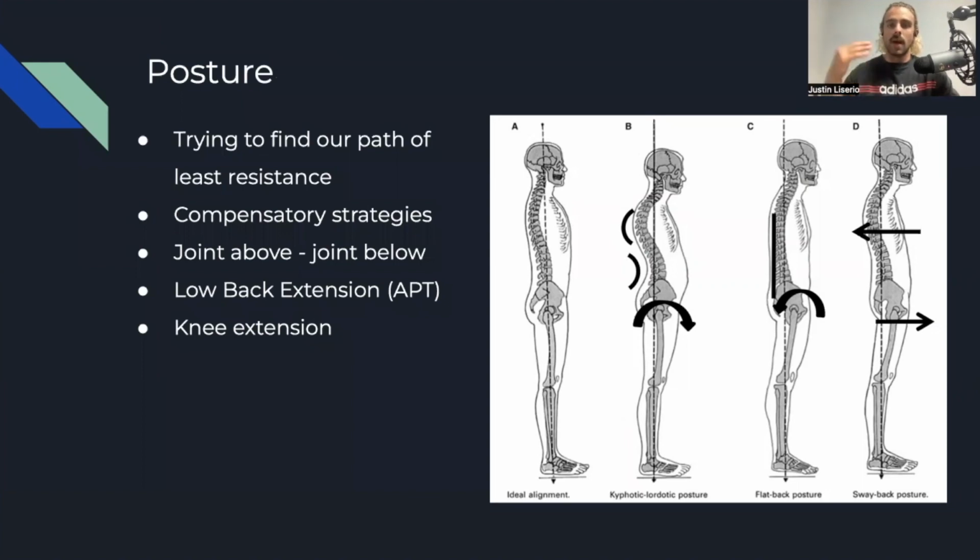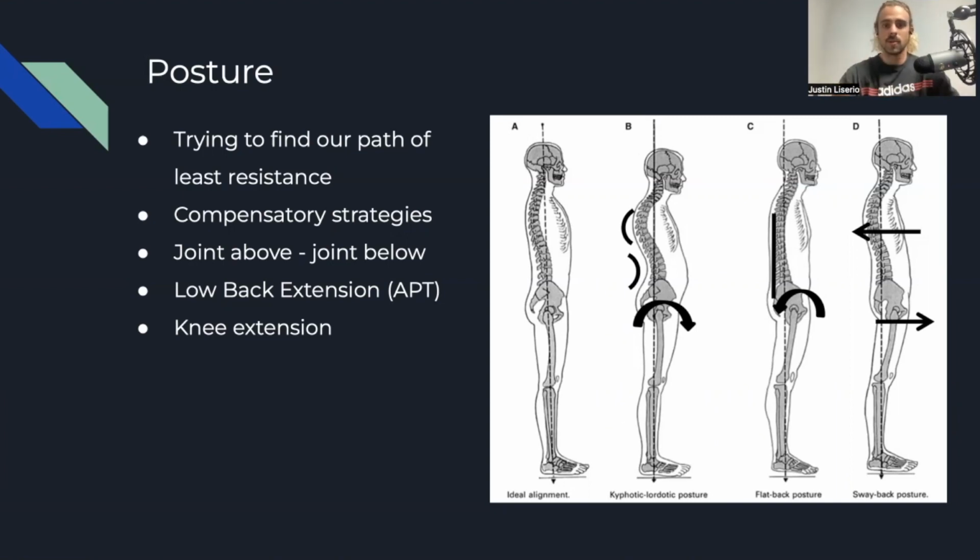Our body is trying to battle gravity through our path of least resistance and also create some propulsion strategies, because our number one form of locomotion is to walk. So our body's compensating through gravity and its fight against it, to find the path of least resistance to get us to flow through space as easily as possible. Since human nature is to be lazy, we want to burn as few calories as possible.